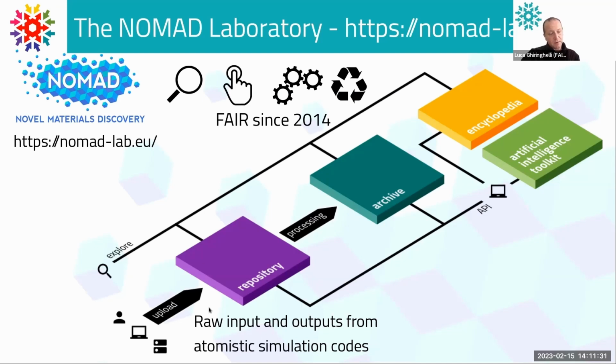And the idea is that in the repository of our infrastructure, we have the data as they were used and came from the calculations themselves. And then we have a processing part that maps the input and the output, at least part of it, into our metadata infrastructure that I will briefly introduce in the next few slides. And then we have access modes to this infrastructure that are a kind of browser.